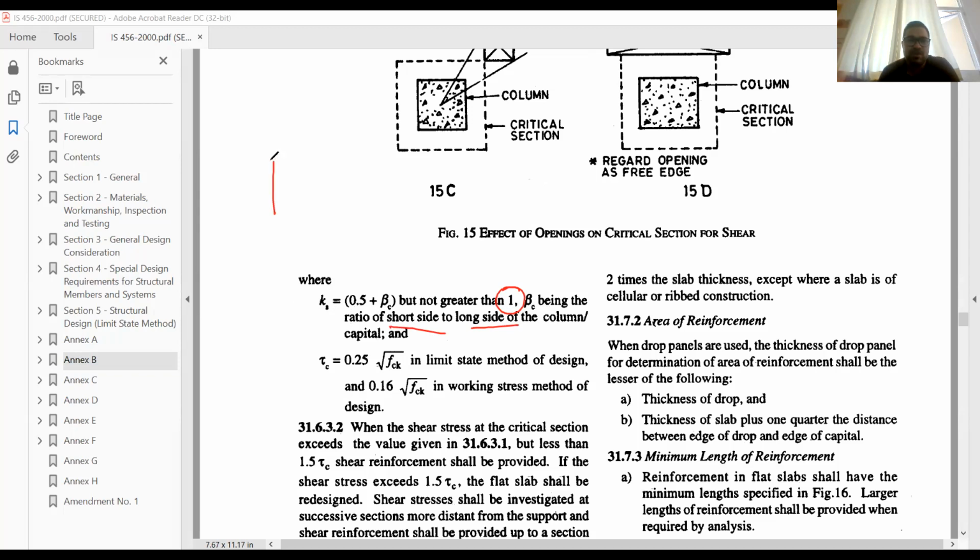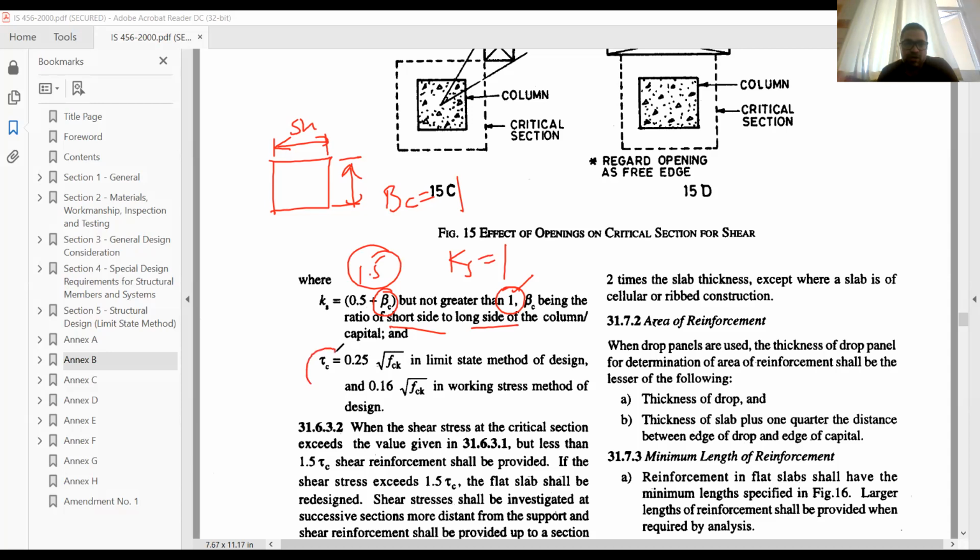Here we have a square column, so if we consider this as short, then this will also be short, so the ratio in our case will be 1. If we put the value of beta C as 1, it becomes 1.5. But it says it should not be greater than 1, which means the Ks value will be 1.